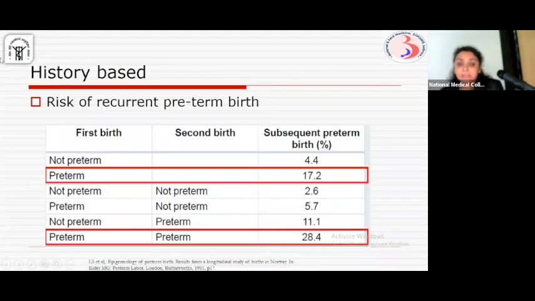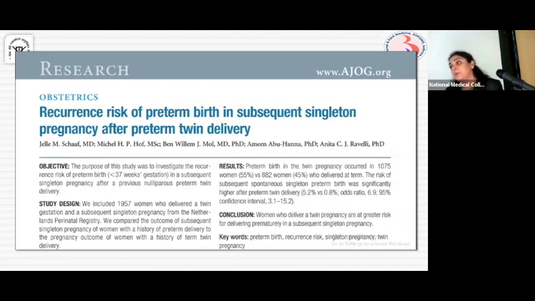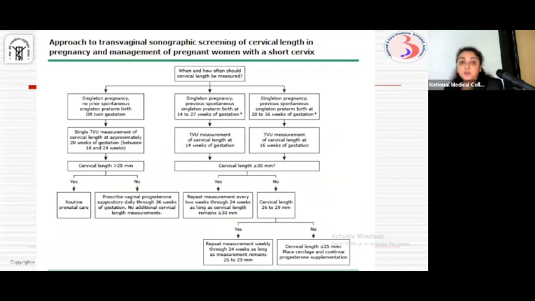It is proven that a patient who doesn't have any previous preterm birth has a very low risk of preterm birth, that is 4.4%. But with every preterm birth, it increases. Even a patient who had a previous twin pregnancy is at high risk of developing preterm birth in a subsequent pregnancy. So a patient who has a previous normal delivery can be assessed for cervical length at the time of TIFFA.